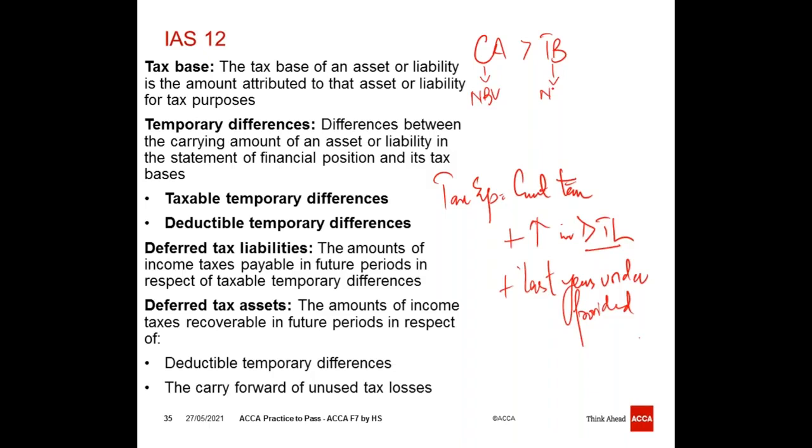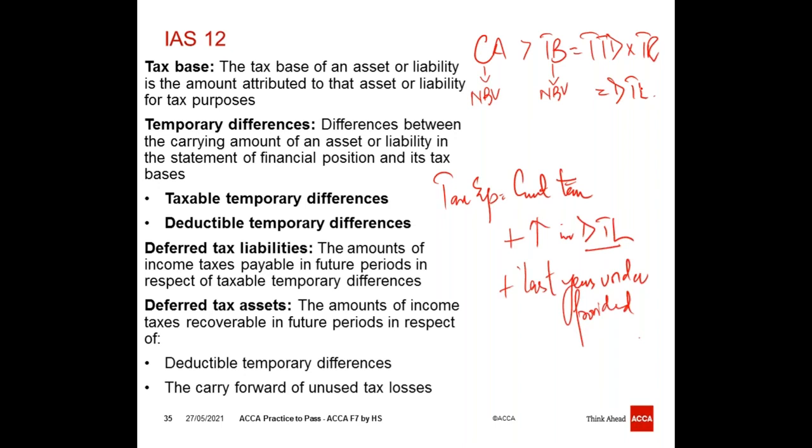The difference will be the taxable temporary difference, multiplied by the tax rate, and you will get the value of deferred tax liability.